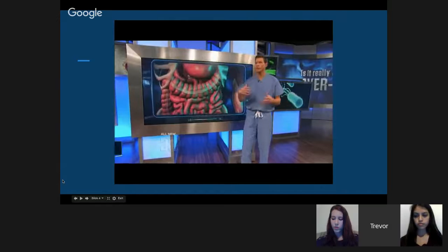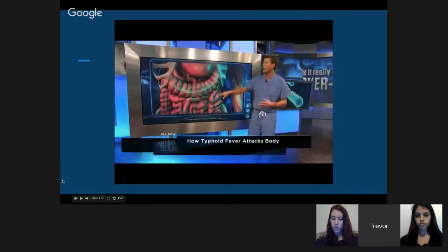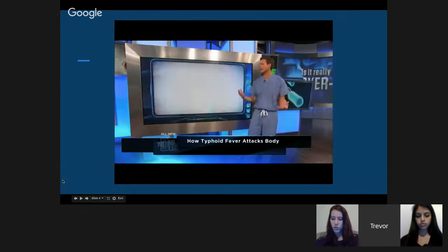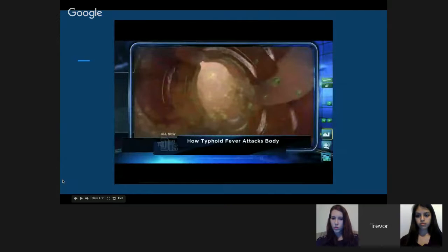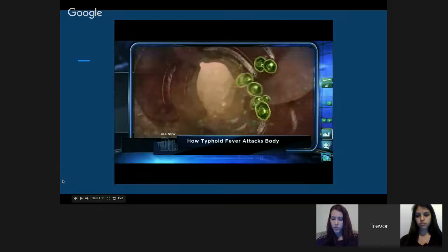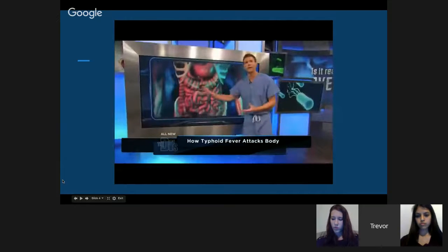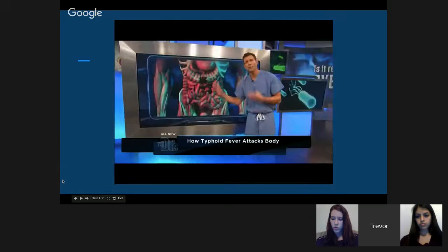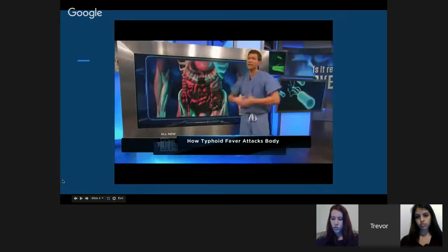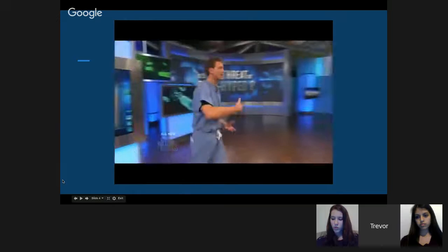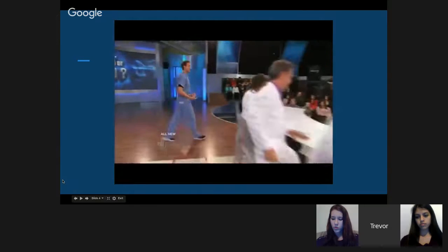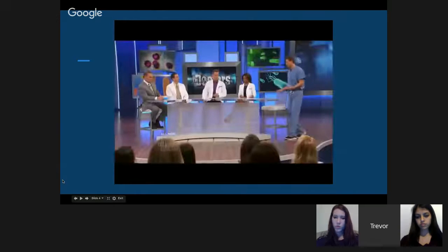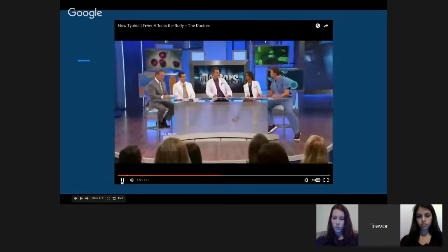Over the course of the next week or two, instead of getting better, you're potentially getting more and more sick. And what happens is that strain of Salmonella will actually become invasive into your intestines. When that happens, in some cases, you can actually get perforation of your bowel. When that perforation occurs, bowel contents can leak into the abdominal cavity. You can then suffer from sepsis and end up with multi-organ system failure. You can die from it. Absolutely, sure.